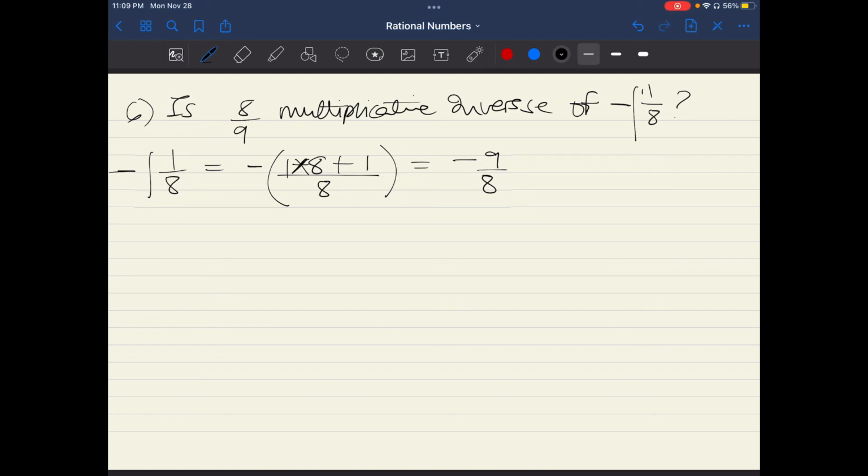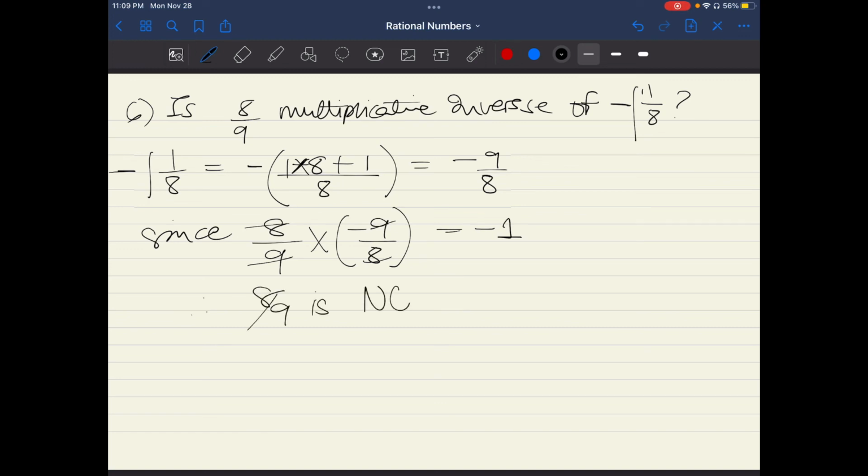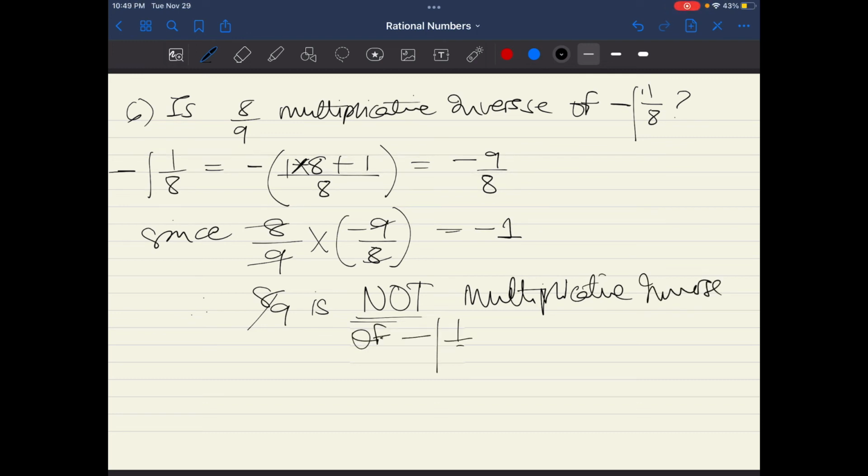And now, since 8 over 9 times minus 9 over 8 results in minus 1, therefore 8 over 9 is not the multiplicative inverse of minus 1 1 over 8.